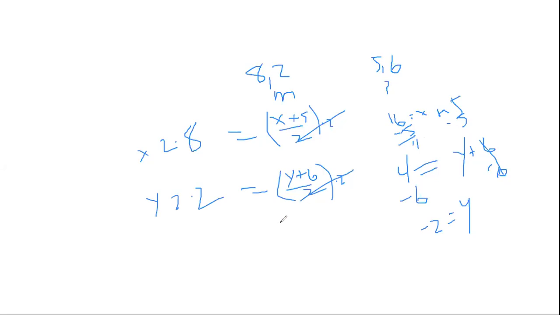So your actual other endpoint would be (11, -2). That one would go over here somewhere, (11, -2). If you put it on a number line, it could look something like that. Or maybe the other direction, I don't know, it doesn't matter.